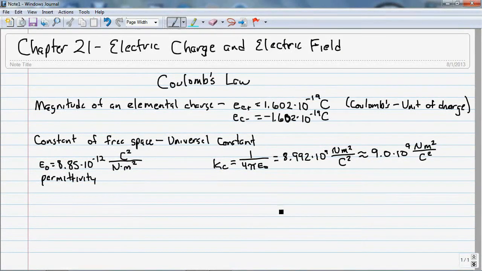So let's take a look at two charges. We have a positive charge and a positive charge. We looked at a negative charge with a negative charge and a positive charge with a negative charge. And we said that like charges repel, and opposite charges attract.